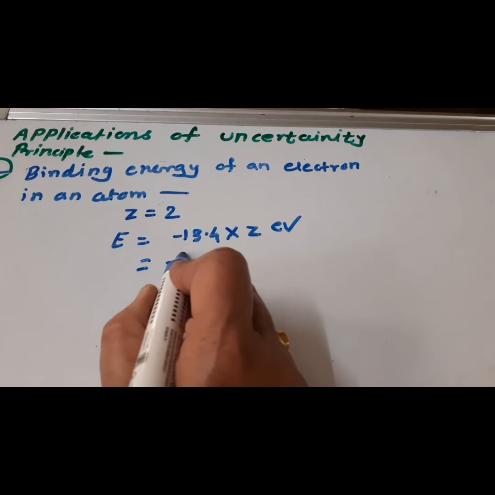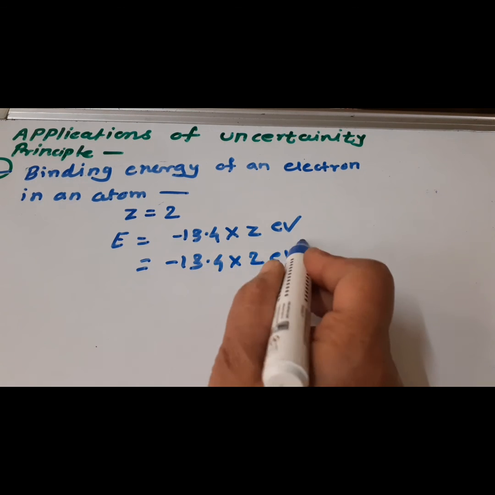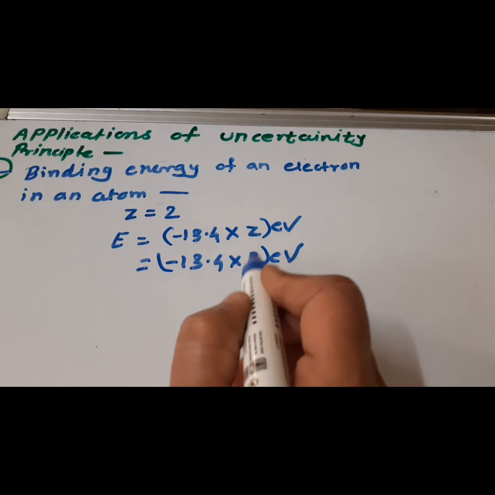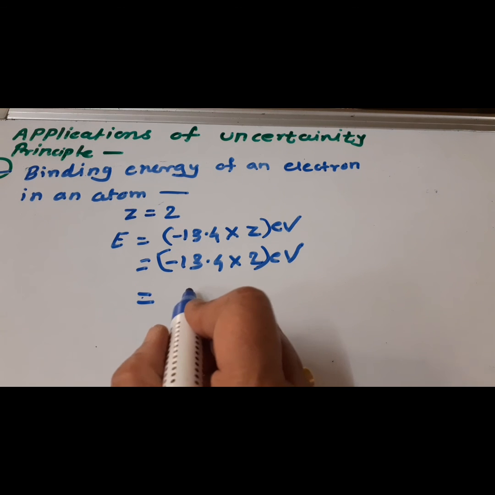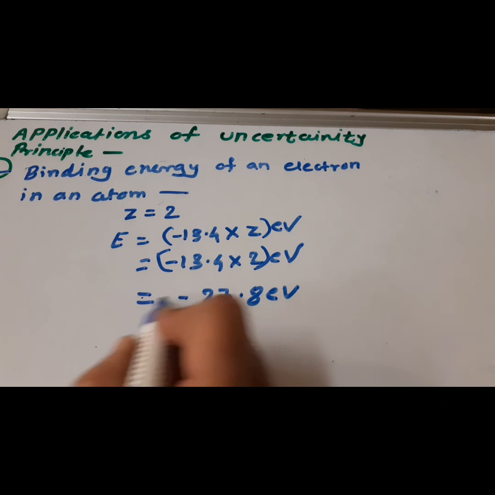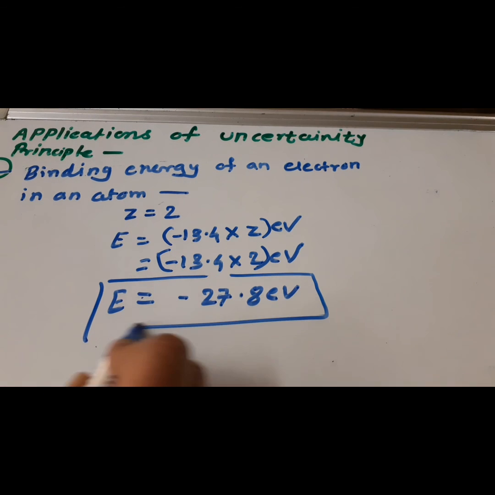Therefore, that is equal to minus 13.4 into 2 electron volt, that is equal to minus 27.8 electron volt. This is the total energy of the helium atom.